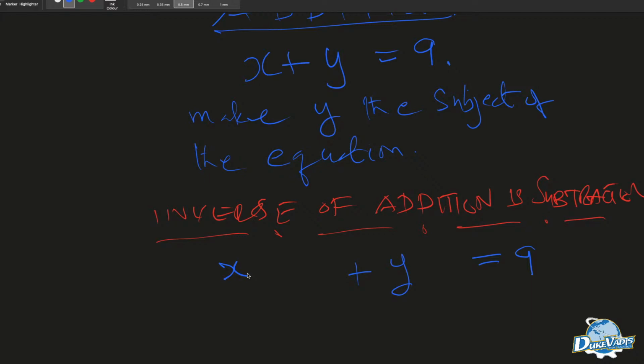So because of that, I am going to subtract x from each side of the equation. I will say minus x here and minus x here, because what I do to the left hand side, I have to do the same on the right. So this implies that x minus x will be 0 plus y is equal to 9 minus x.